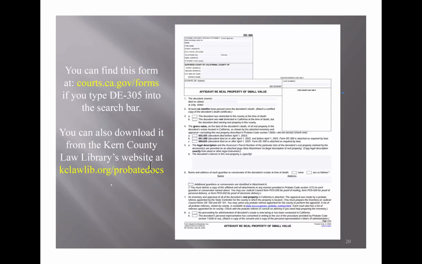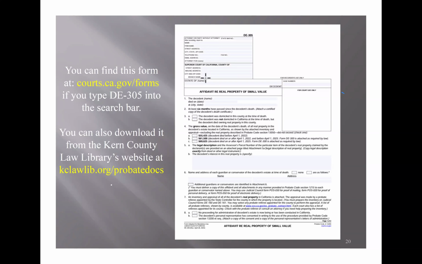Okay, so here's what the form looks like. Affidavit, real property of small value. This is the statewide Judicial Council form. Up here, we already went over how to do this. The main person whose address is being used for the heirs will put their name and their address, and for their attorney you'll put in pro per or self-represented.